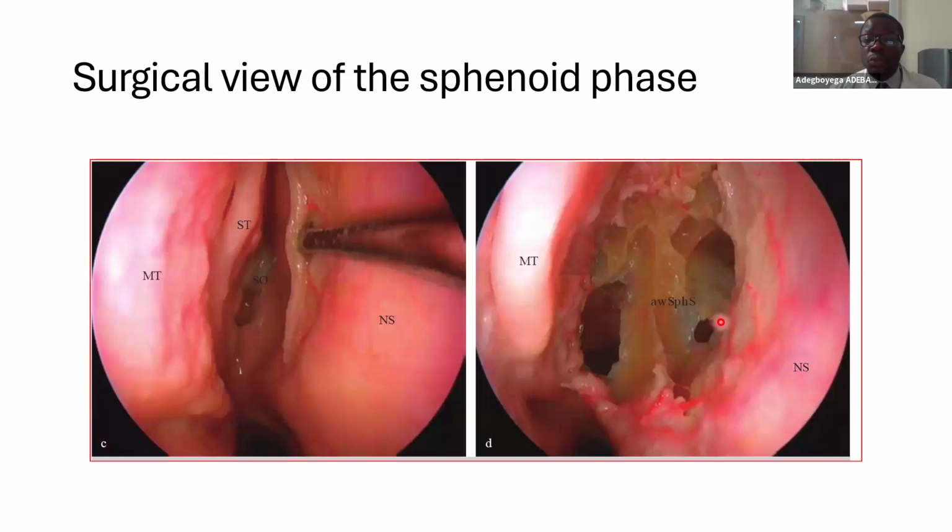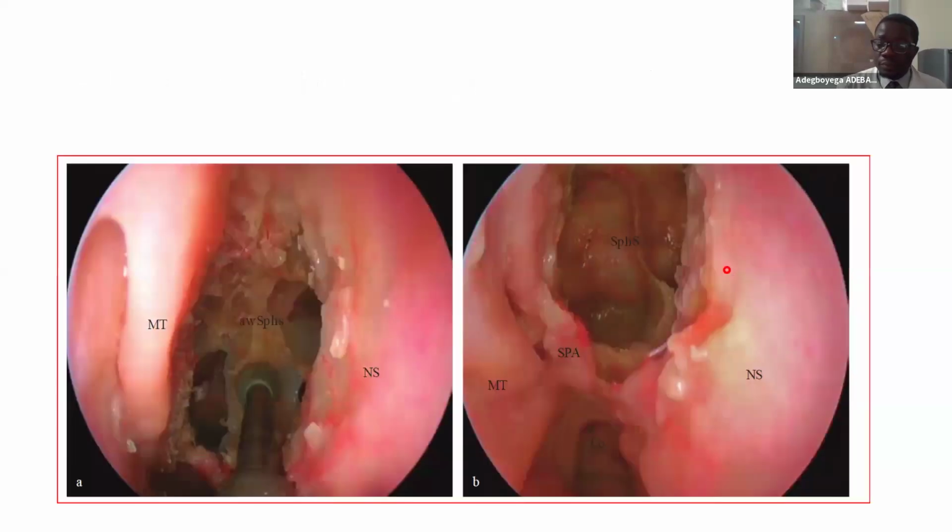This picture shows the view after the removal of the anterior sphenoid wall, and then the removal of the sphenoid septum. These are the sphenoid sinuses on both sides that are being viewed.